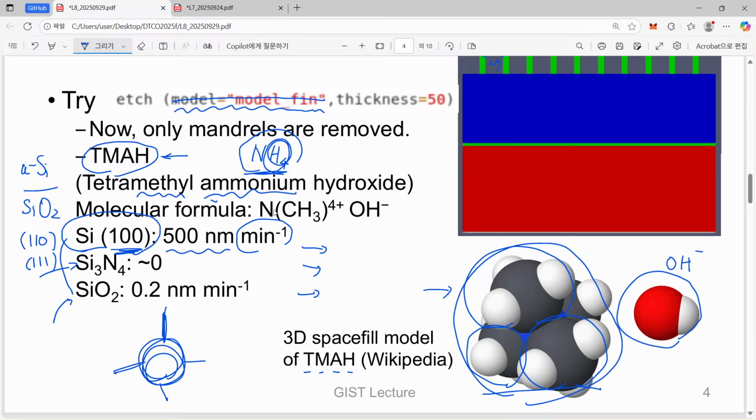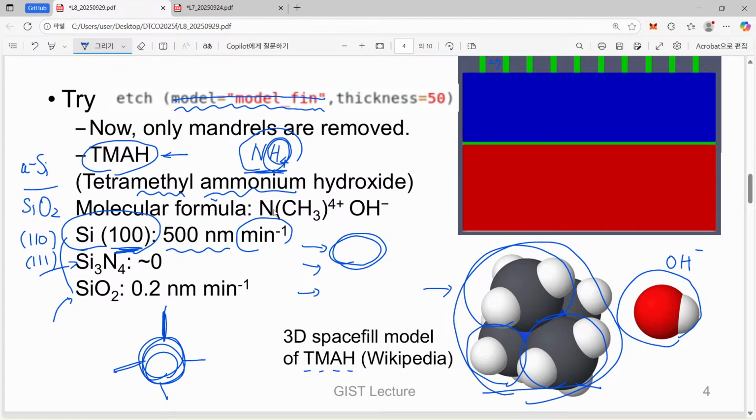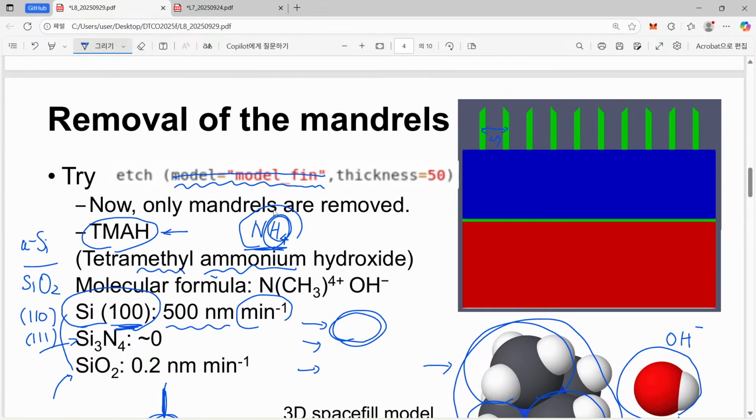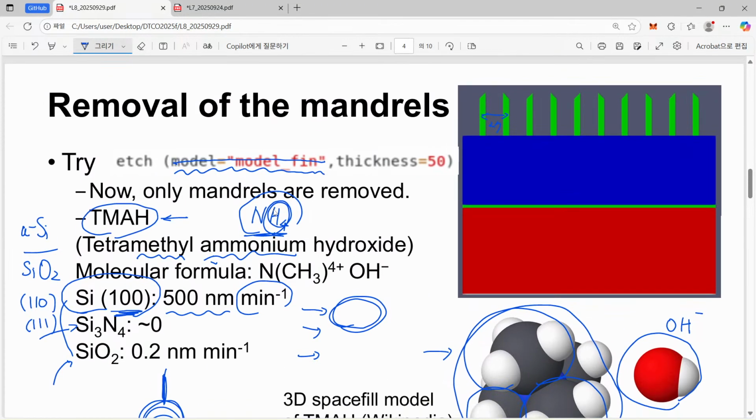So if we can find a suitable number for amorphous silicon, then we can calculate the correct time duration for this etching process. Then we can completely remove this mandrel selectively. Okay, so are you with me? So that is the one.